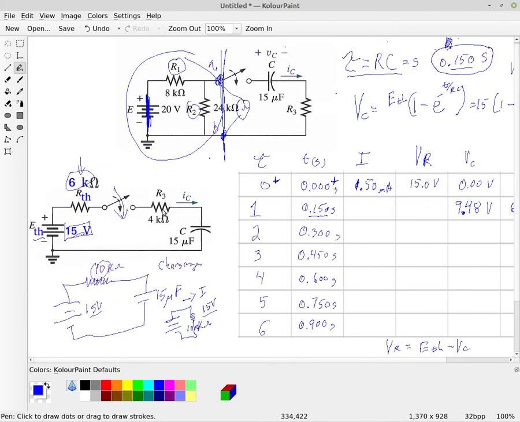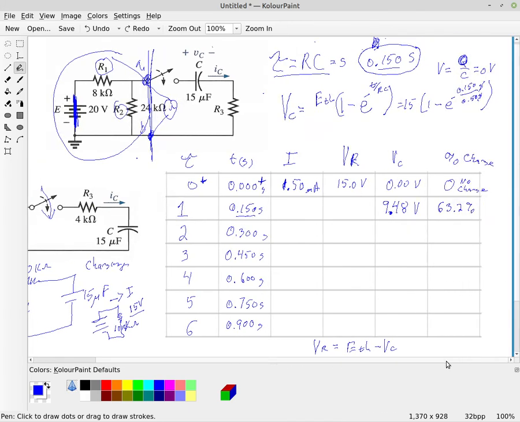Okay, so if you were looking for the voltage just across the 4K, you would of course have to do the voltage divider between the 6 and 4. So when I say VR here, it's the VR total. Maybe I'll mark that over here. This is total. Okay, the total VR. But that is simply, again, E Thevenin, which isn't changing, minus VC, which is changing as we put the charge on the capacitor.